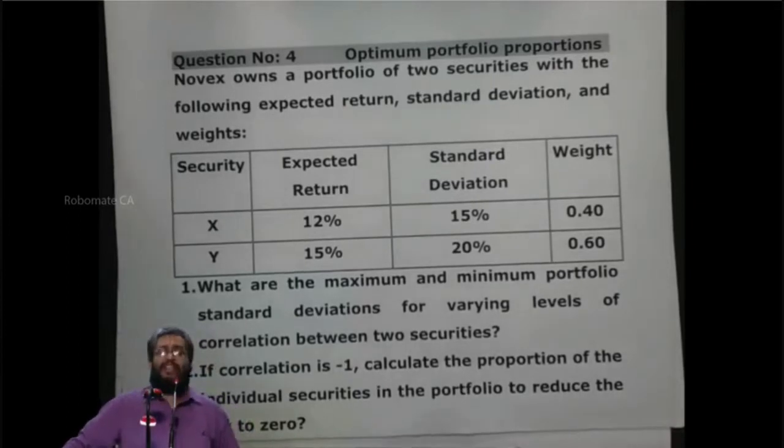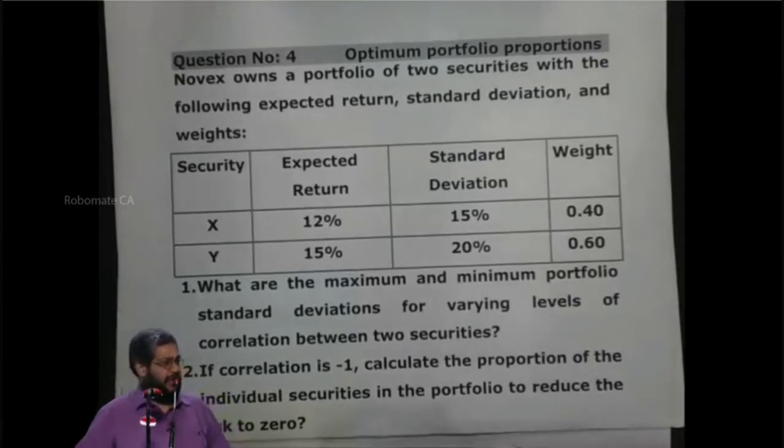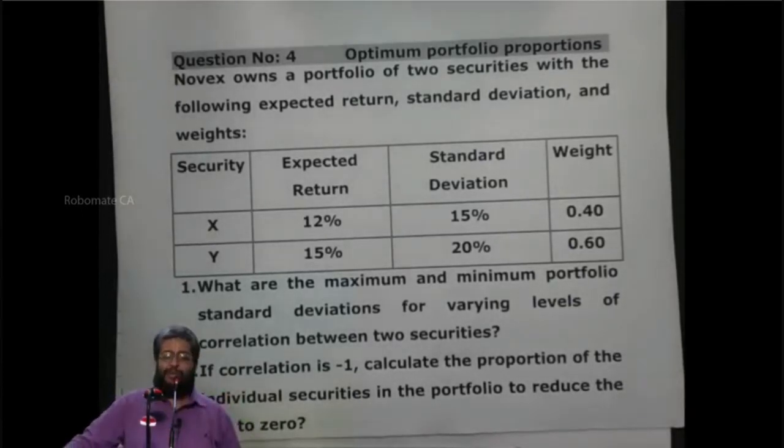Here we saw the three factors affecting it. First is the risk of individual securities. If the portfolio consists of highly risky securities, the portfolio will be risky. If it consists of Government of India bonds, it will be no risk or less risky, and so on. So the nature of the portfolio risk depends on the risk of the securities constituting the portfolio. Not only the securities' risk influences the portfolio risk, but also the proportion in which I invest.